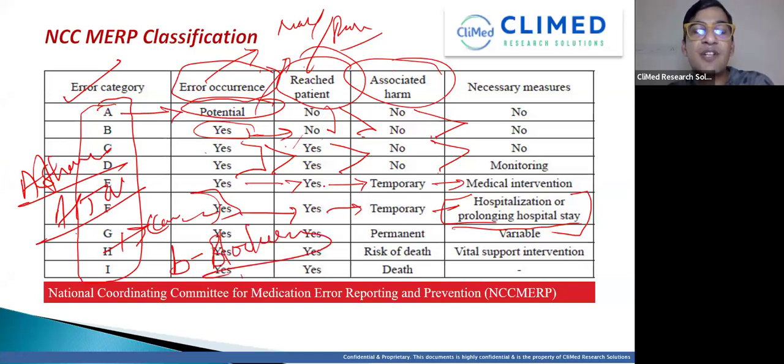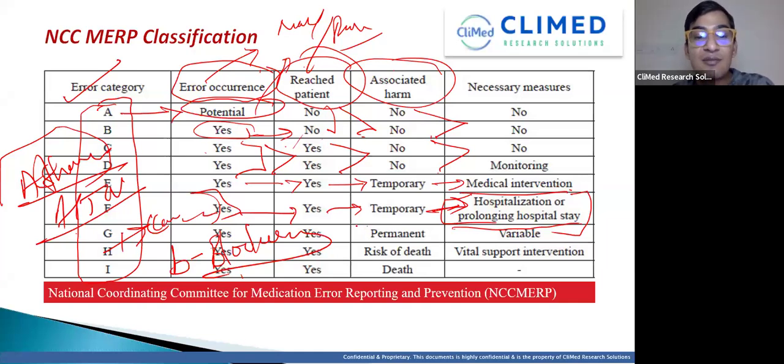The same thing happened with my mom once, literally some 3 years back. She is asthmatic and hypertensive. She was prescribed metoprolol. She took the metoprolol and her asthma accelerated to a high, intense level. We had to hospitalize her at that time. So that is the kind of error which needs a little more than medical intervention, maybe hospitalization. That is a medication error.